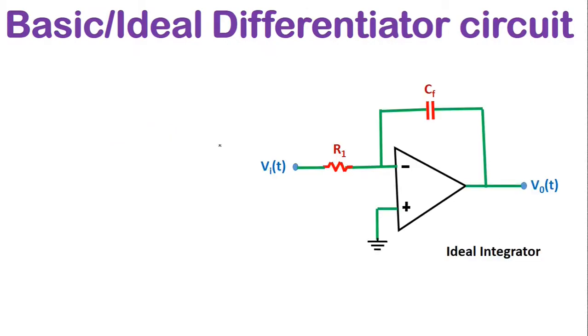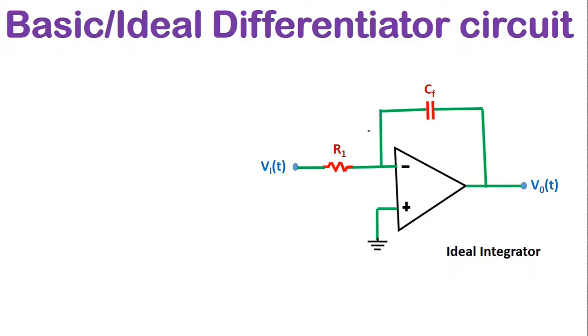In the previous classes, we have already studied the ideal integrator circuit. So this is the circuit diagram of the ideal integrator, and if the components connected in this ideal integrator circuit are interchanged, then the differentiator circuit is produced. So here we have two components, one is a resistor and another one is a capacitor.